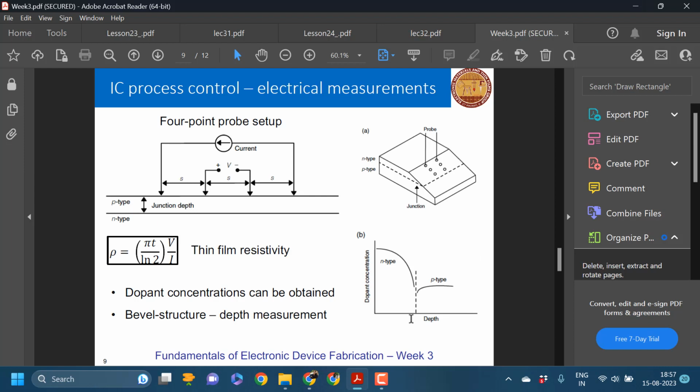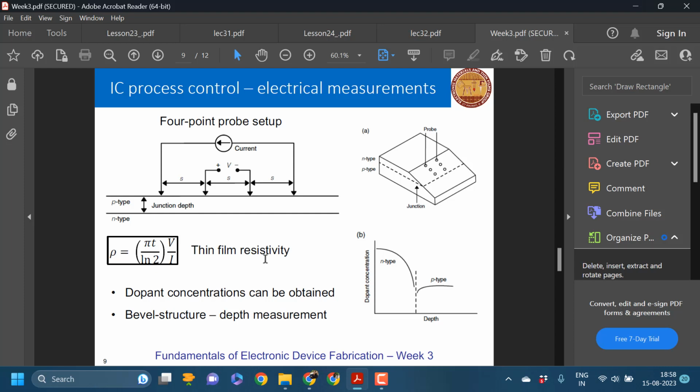So the next and final lecture this week was about process control. That is IC process control, where electrical measurements etc. were made. Right. So we'll start with that. Process and device evaluation. So why do we require process and device evaluation?